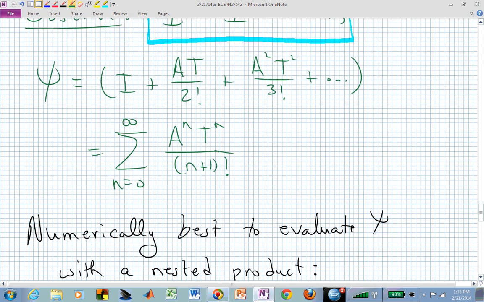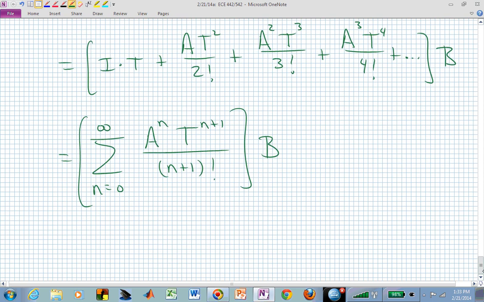It's just that some of our indices are a little bit off, and in particular the exponent on our sample period, capital T, but that just represents one more term, T to the n times T.